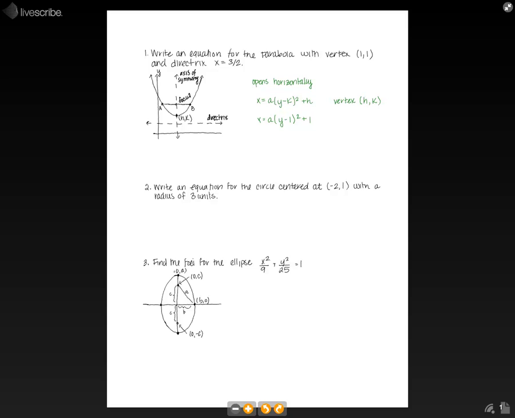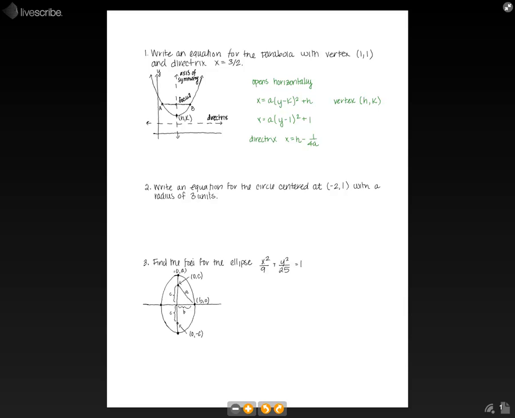Alright, so our goal here is to find a. The other thing that we know is that the directrix is going to have the form x equals h minus 1 over 4a. So we need to solve this equation for a.